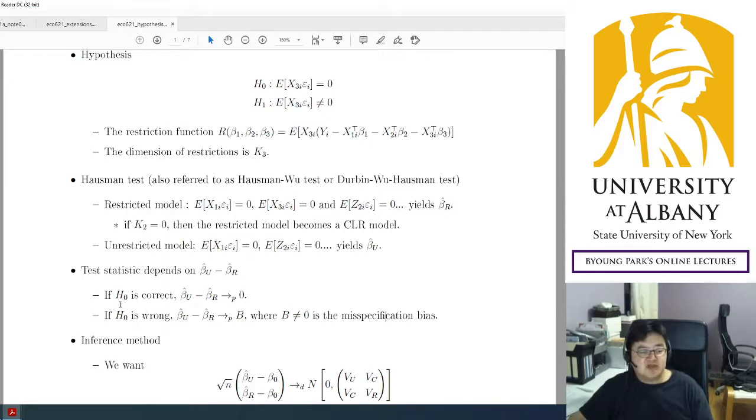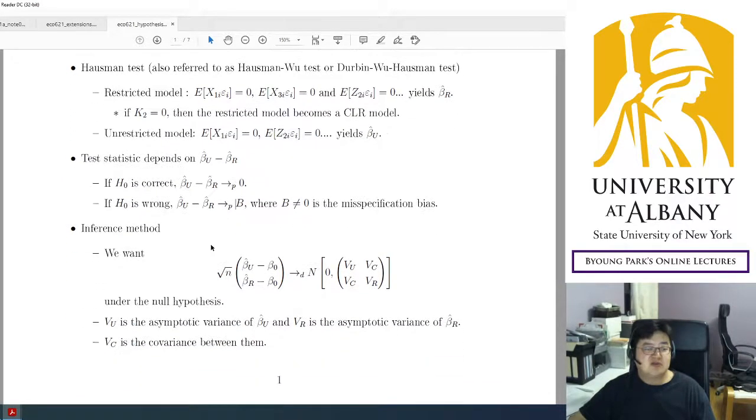But if the null hypothesis is wrong, the unrestricted model will converge to the true parameter, but the restricted model must suffer from the misspecification bias. So their difference is not going away; their difference is the bias. This was the idea. Then how can we do this?